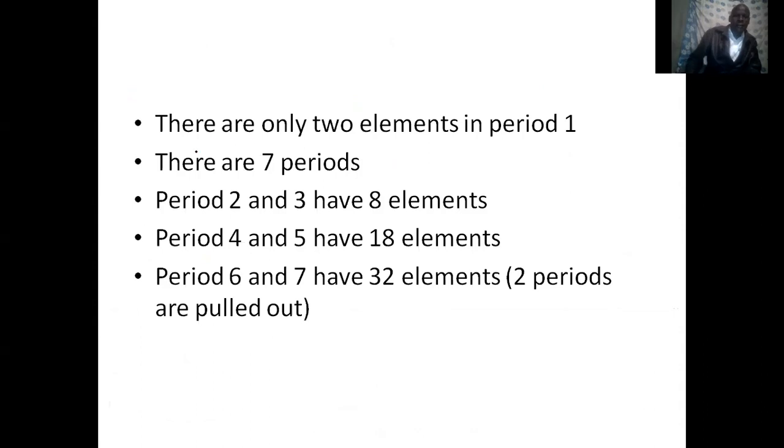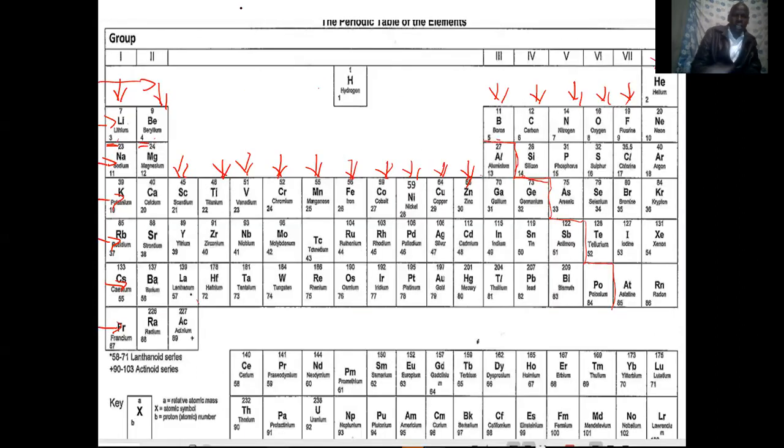There are only 2 elements in period 1, hydrogen and helium. They are the only elements in period 1.